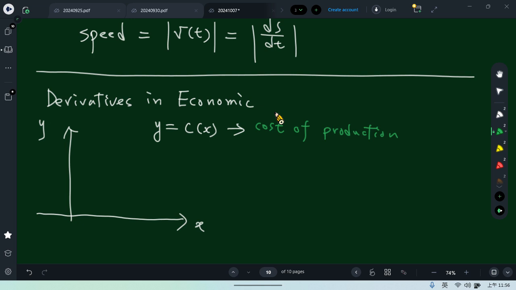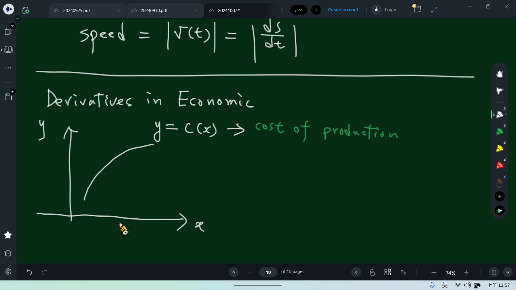So it's about the cost, right? So we can model it as c of x, a cost function. So for example, the cost function is just like this, right? If you want to produce more units, you need to buy more materials. You need to pay more money, right?